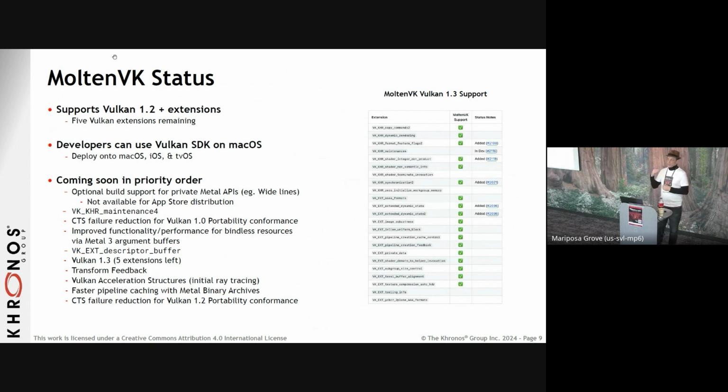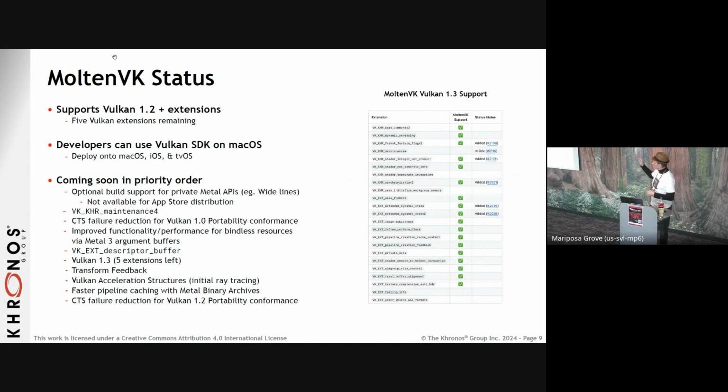There's a series of bindless improvements that we want to do using the latest Metal technology that'll make large descriptor indexing and large scale use of lots and lots of textures a lot easier in Metal. Along with that will come a descriptor buffer, again, using bindless technology in Vulkan.